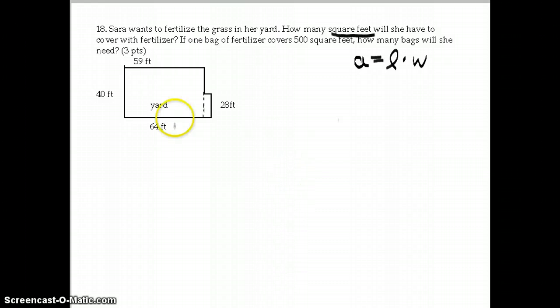So if we look at first this large part of the yard, this is 59 feet by 40 feet. So we need to multiply 59 times 40. Okay, I'm just going to hang that 0 off the end. This is a shortcut we can use when multiplying. If a number ends in 0, we can hang that 0 off the end and then just drop it down. 9 times 4 is 36.